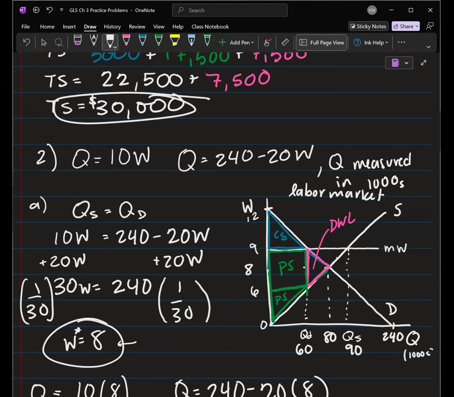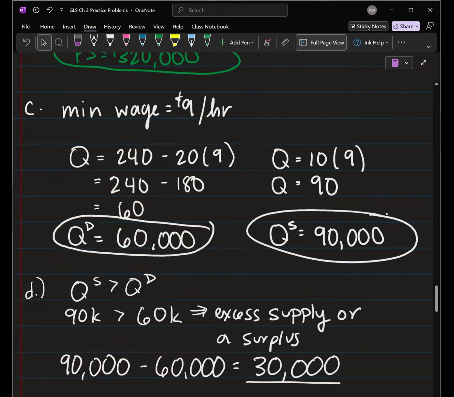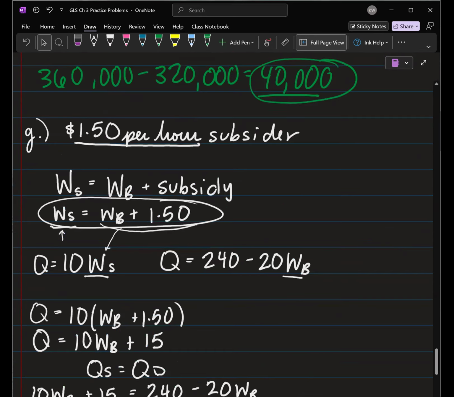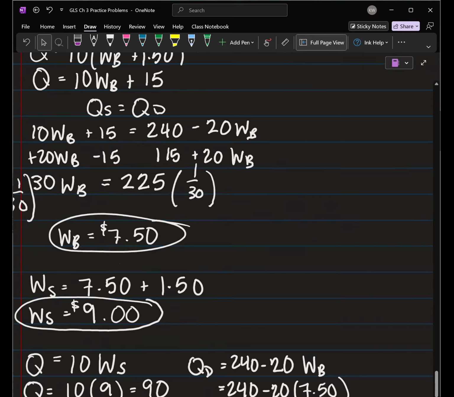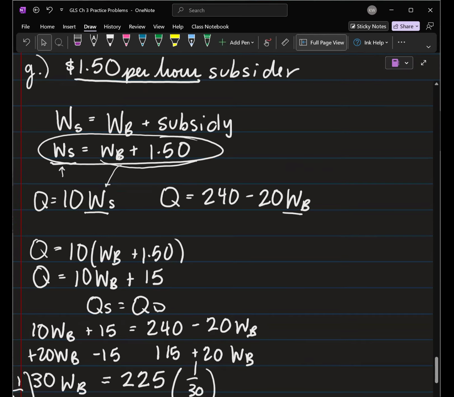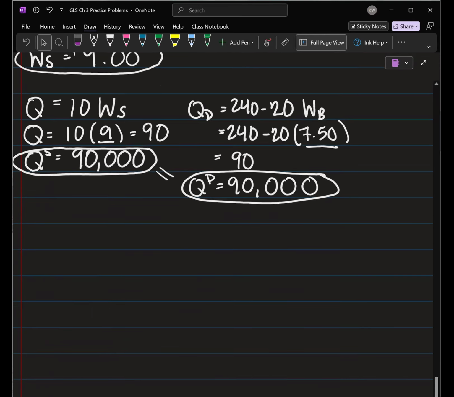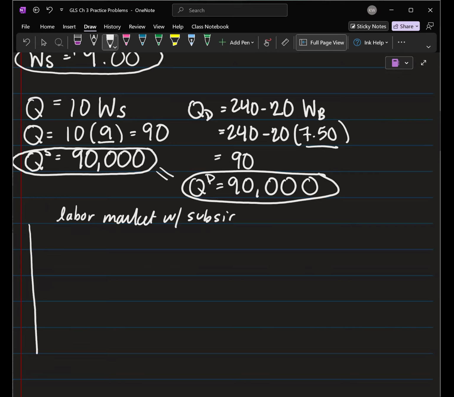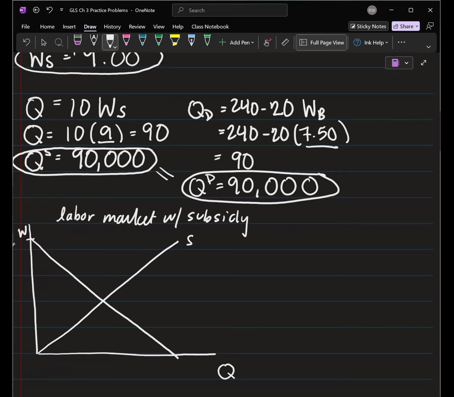To avoid making the graph too messy, I'm going to redraw it though. So we'll have a labor market with a subsidy, the wage on the vertical axis, quantity on the horizontal. Our supply comes out of the origin. The choke price for demand is at $12.